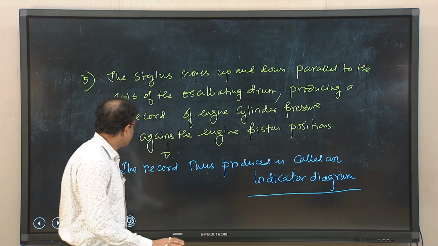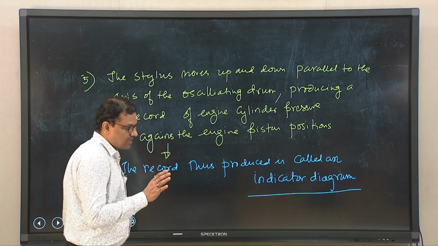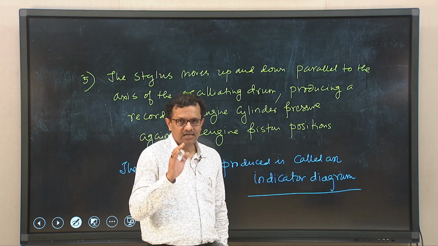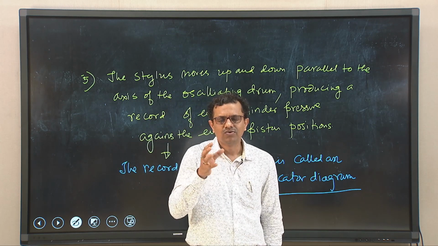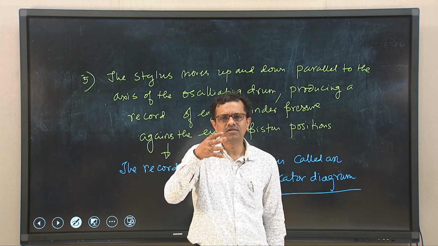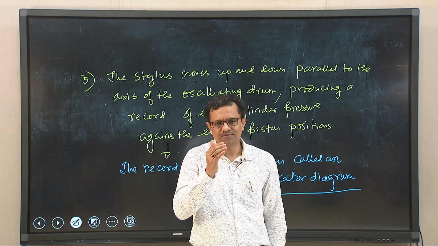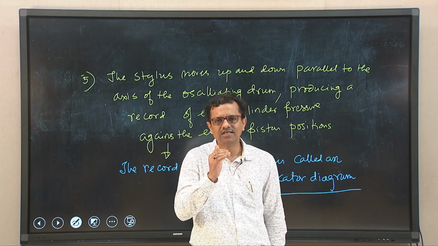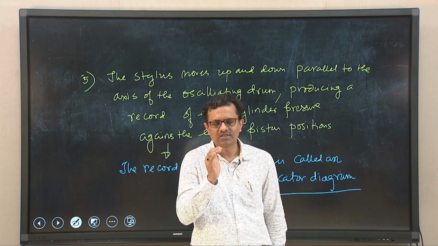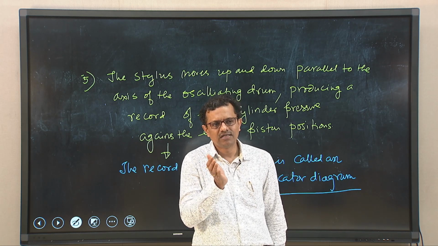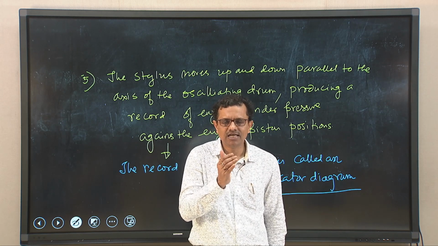Okay. So, the idea is, try to understand, a small drum which is wrapped with one sheet of paper. The drum is designed to oscillate in tune with the engine strokes. So, certainly the drum will not be stationary, it will oscillate.